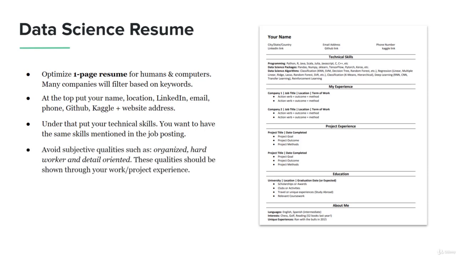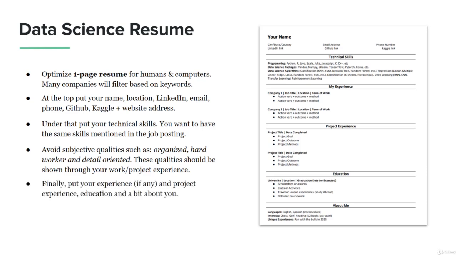And so you also want to avoid subjective qualities such as organized, hard worker, detail oriented, or I'm a perfectionist, or things like that that are very subjective, that pretty much anybody can put on there, and it doesn't tell people what exactly that means, right? There's no context behind that, and it's very subjective. So you should be making it so that the qualities showcase through your actual work and your experience, okay?